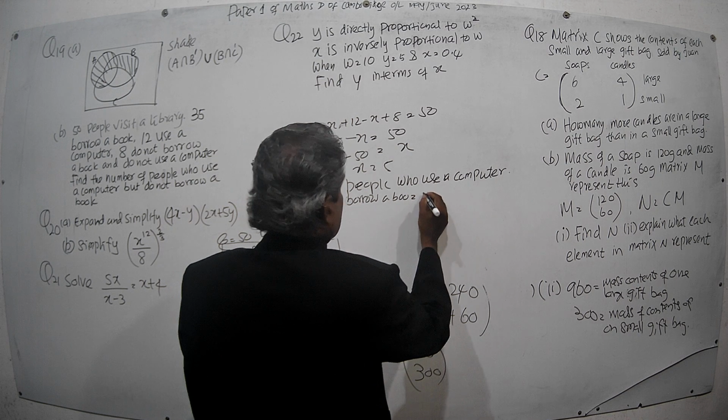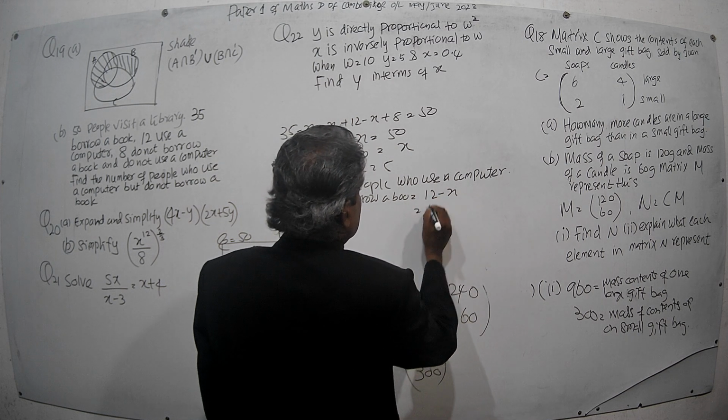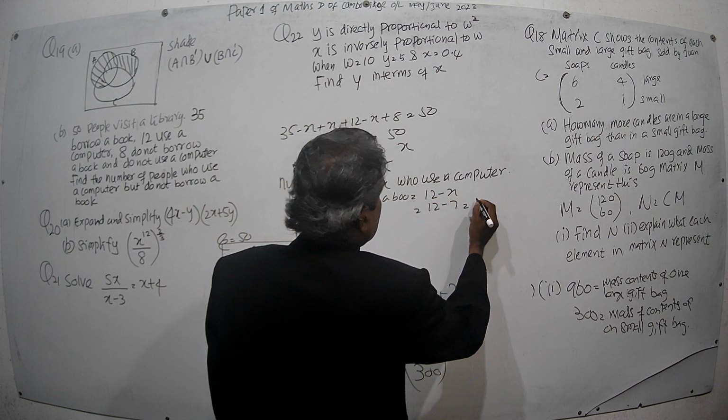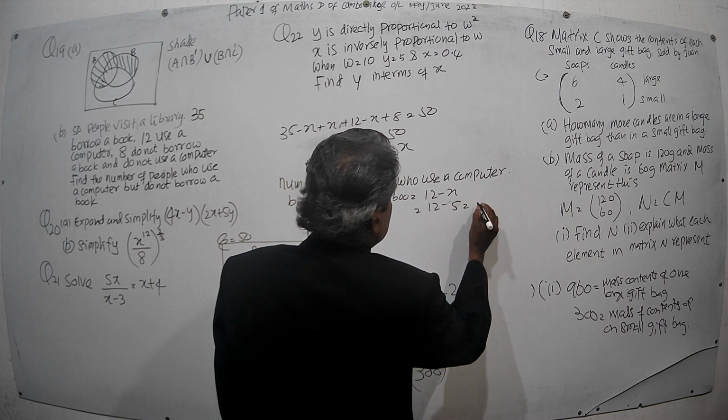Equals how much? 12 minus x equals 12 minus 5 equals how much? 7. That's it.